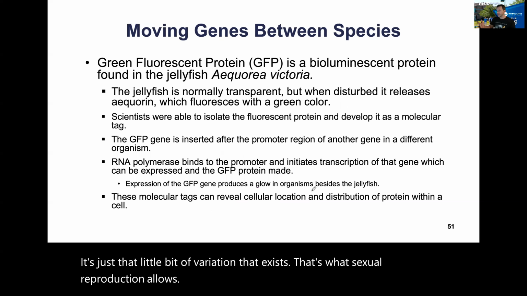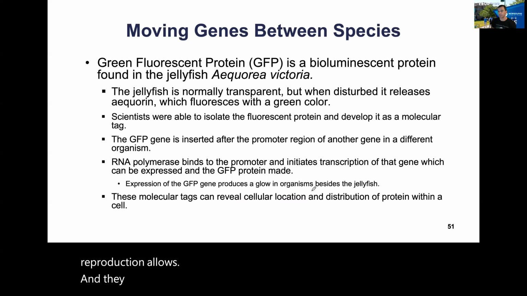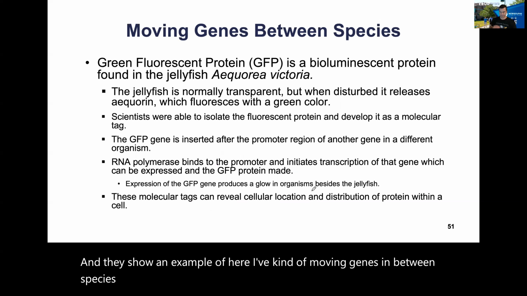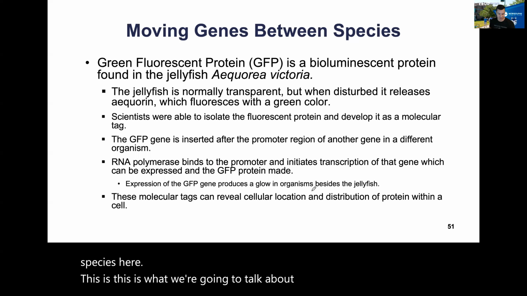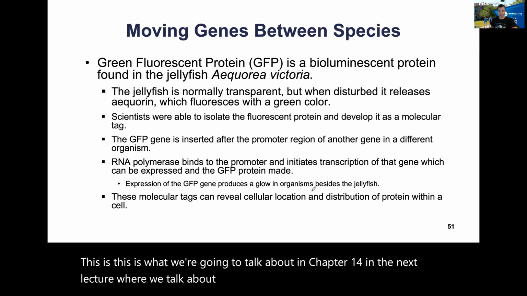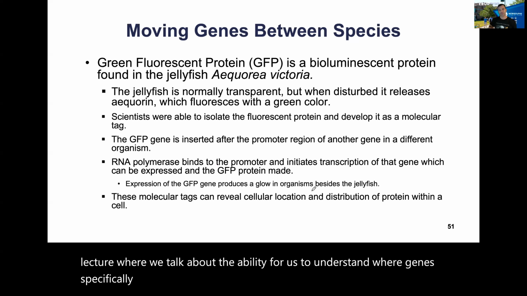And they show an example of moving genes in between species here. This is what we're going to talk about in chapter 14 in the next lecture, where we talk about our ability to understand where genes specifically are, because we've made a genetic map.